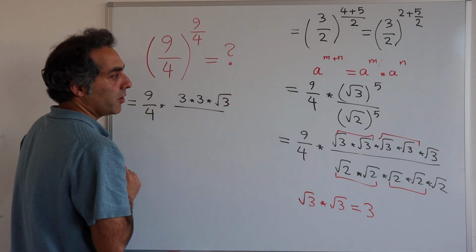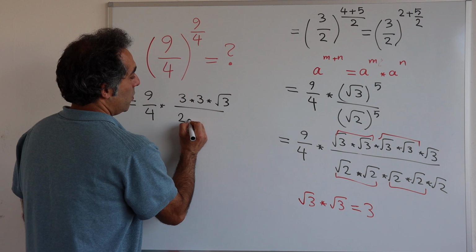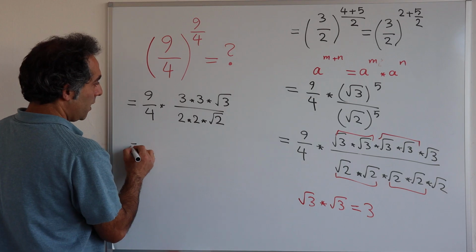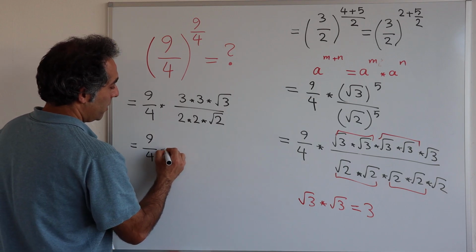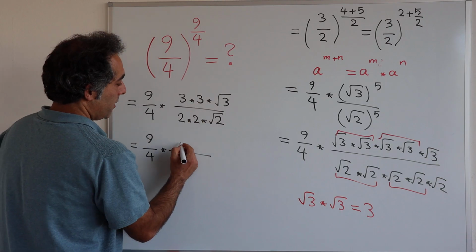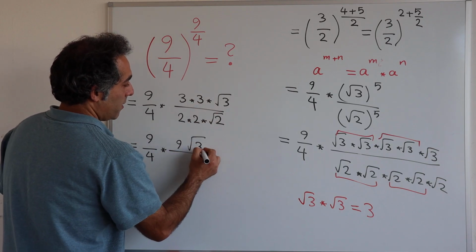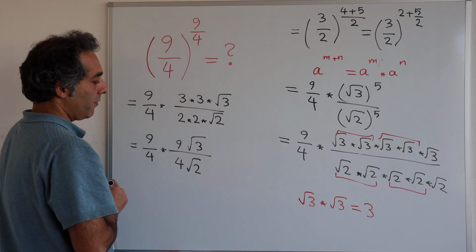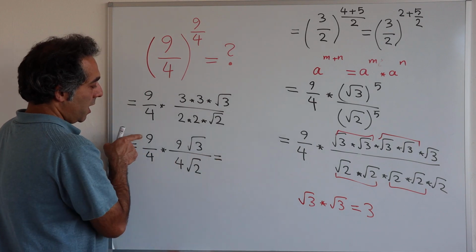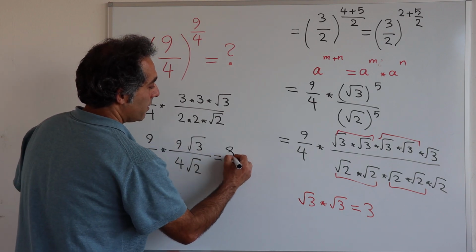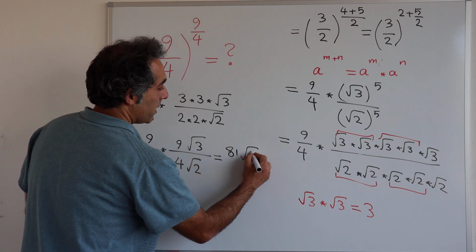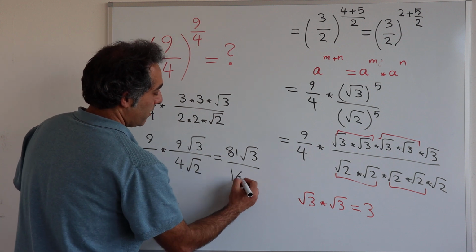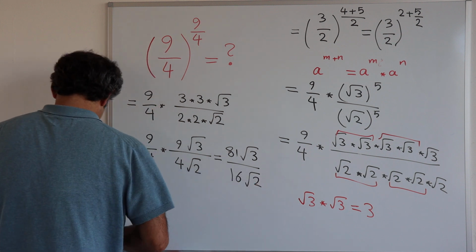I just write it here. Here again 2, 2, and square root of 2. Okay, 9/4 times 3, 3, 9, square root of 3, 4, square root of 2, which is 9 times 9, 81, and here is 16 square root of 2.